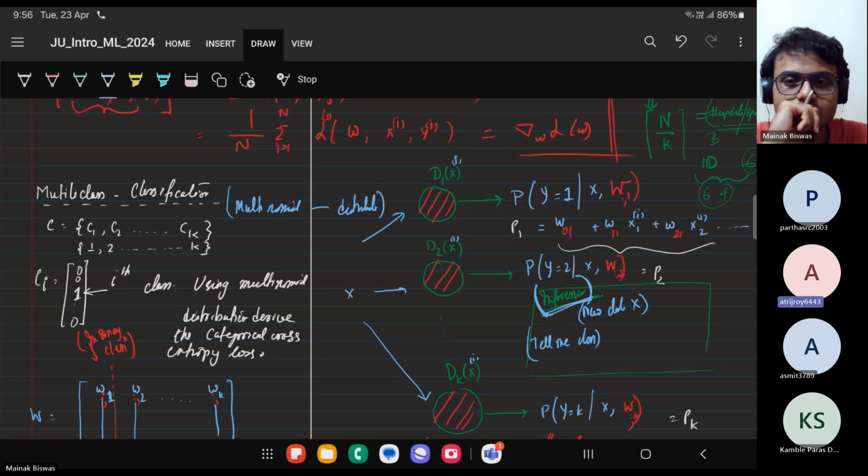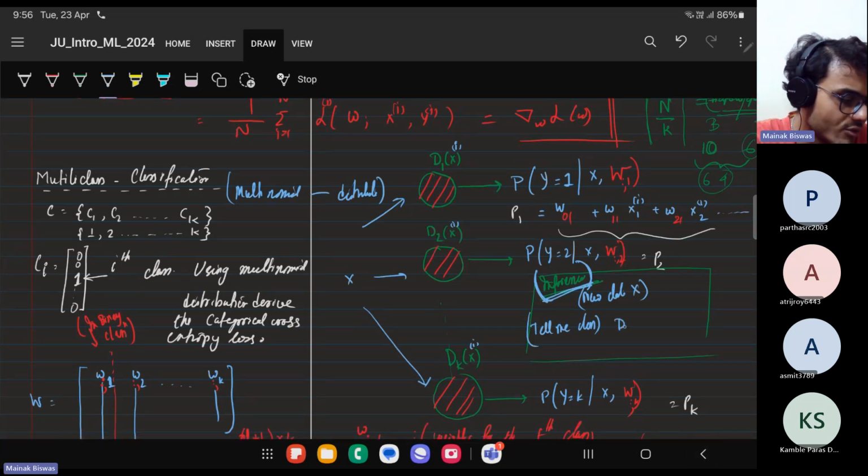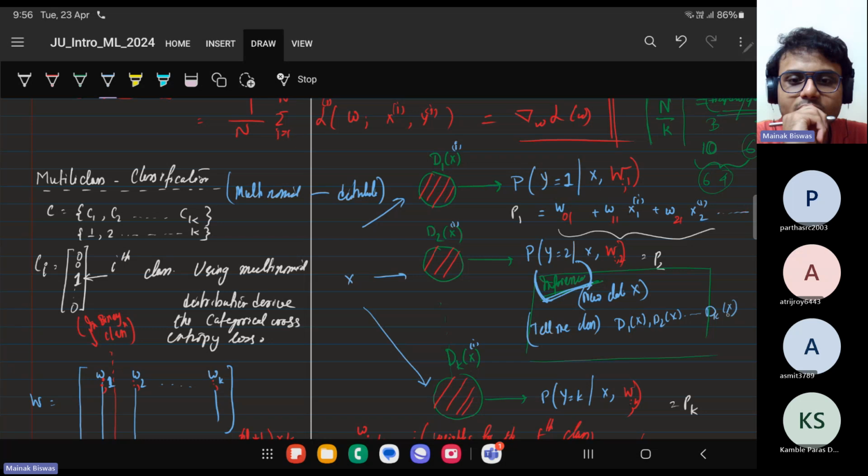Try to get the value of y by the probability. But what is the model going to give you? D1(x), D2(x), ..., Dk(x), right? K outputs it will give you, right?